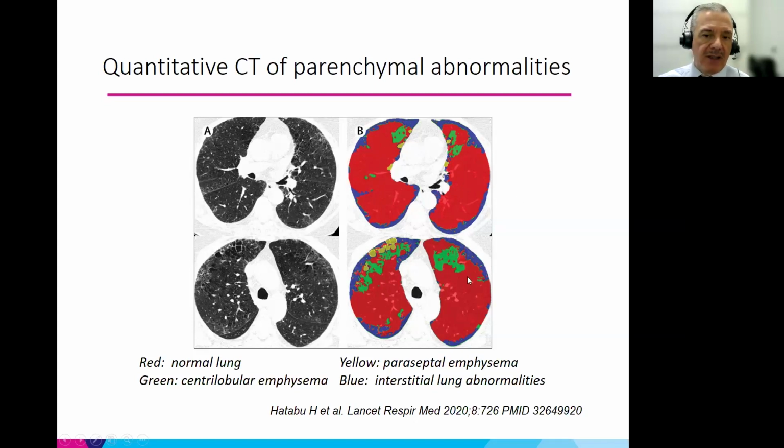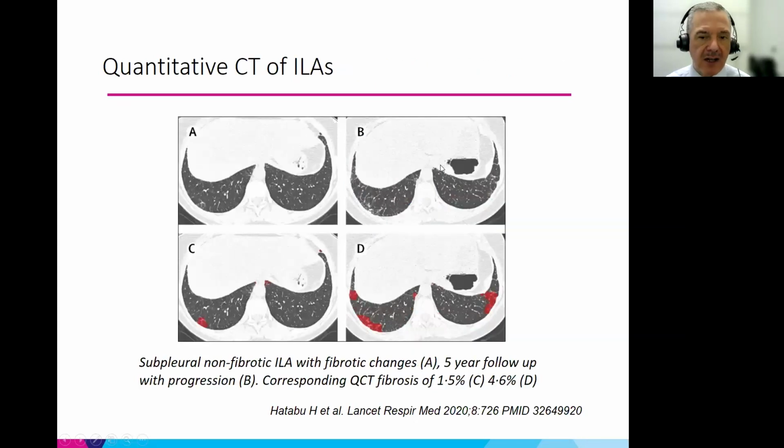Computerized systems have been developed to do quantitative CT scan. The red here is normal. Green is centrilobular emphysema, because I said it was a smoker, and the interstitial abnormalities are here in blue. So the computers can help assist, and these are systems that are developing, not completely accepted yet. This is an even more subtle case.